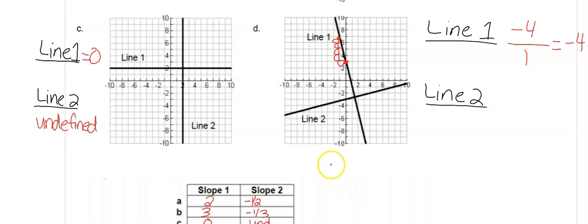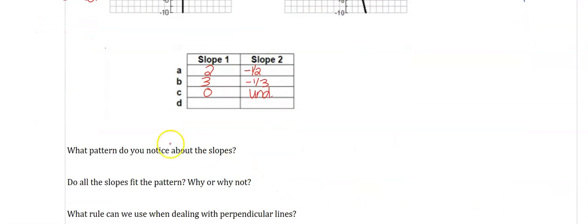And for line 2, a perfect spot is at our y-intercept and at 4, -2. Our slope is rising up 1, and then to the right 1, 2, 3, 4. So our slope would be 1/4. And if I go ahead and plug that into our table, it would be -4 and 1/4.